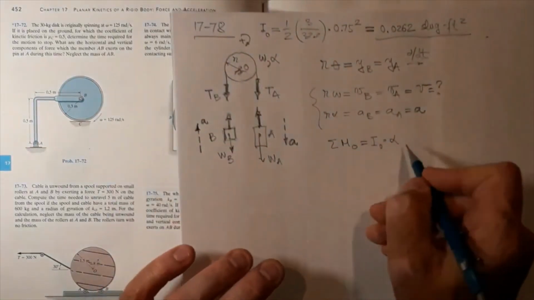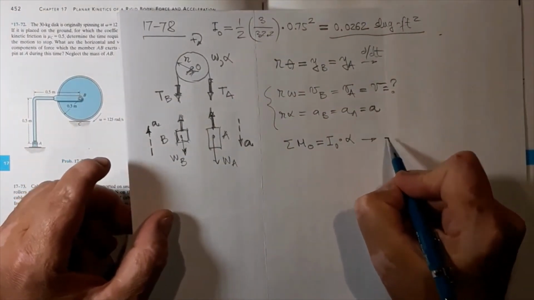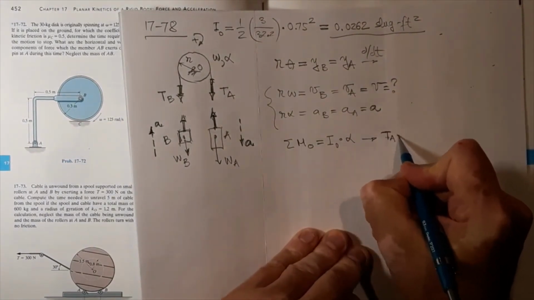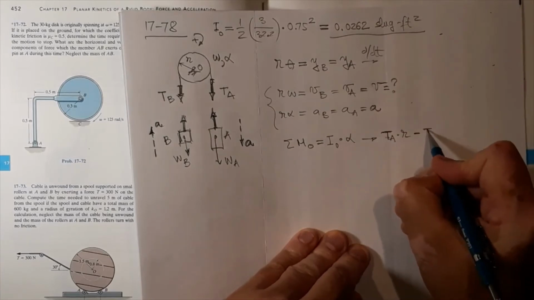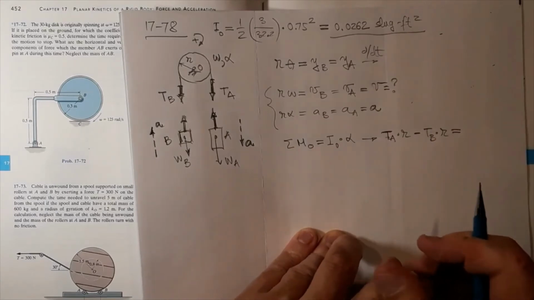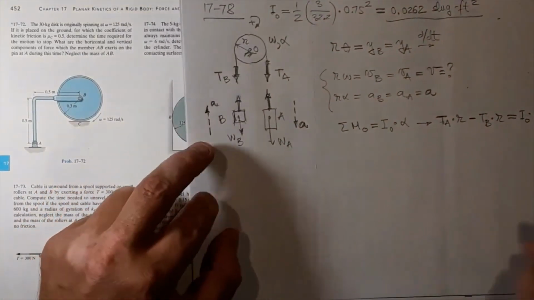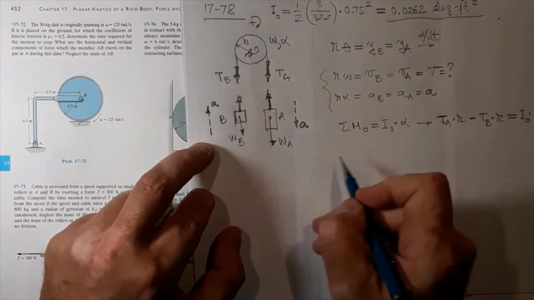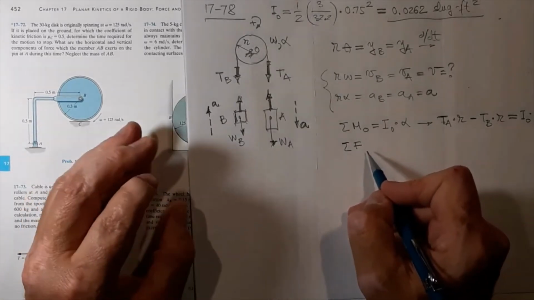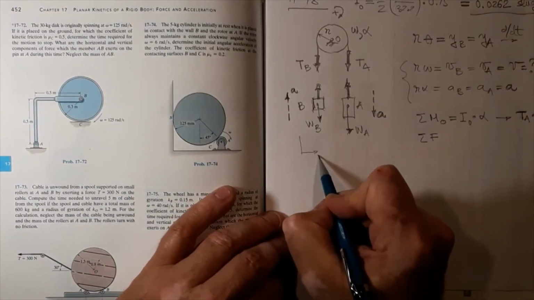So we have the positive T_A, let's start with A, T_A times R minus T_B times R equals the moment of inertia about the centroid times alpha. And then we take body A and we sum forces in the y direction. So x and y.